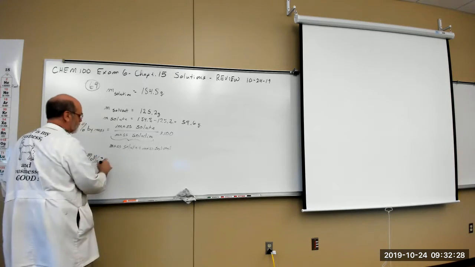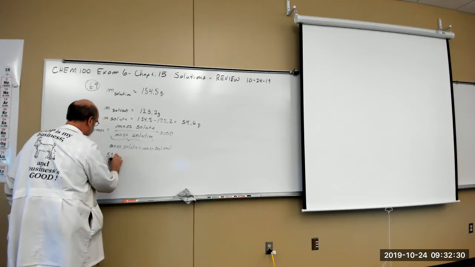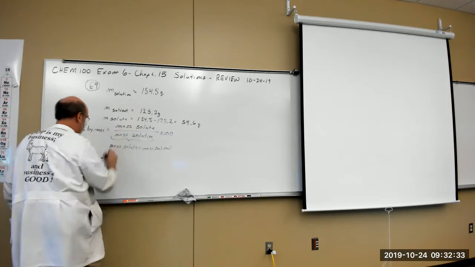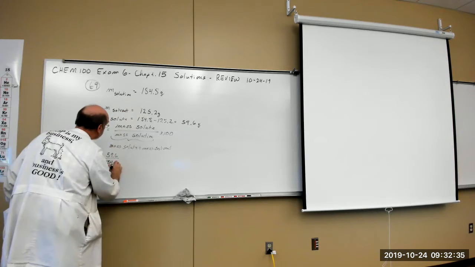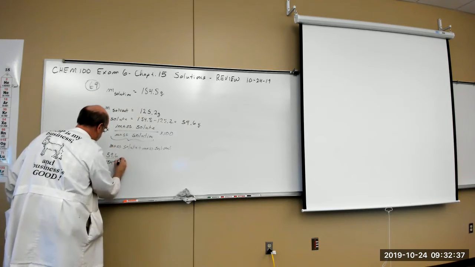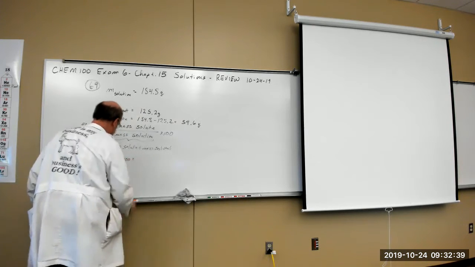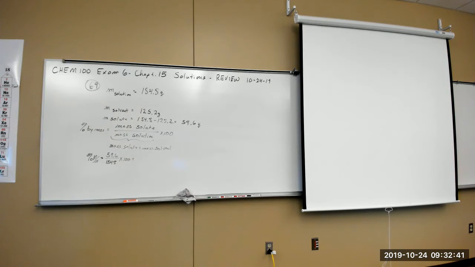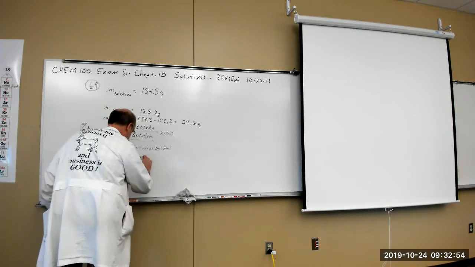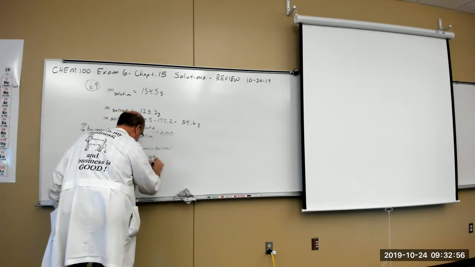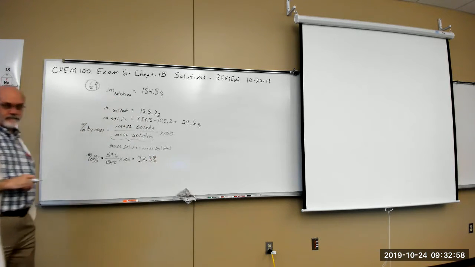Percent mass is 59.6 divided by solution, 184.8 times 100. So I get 32.3%.